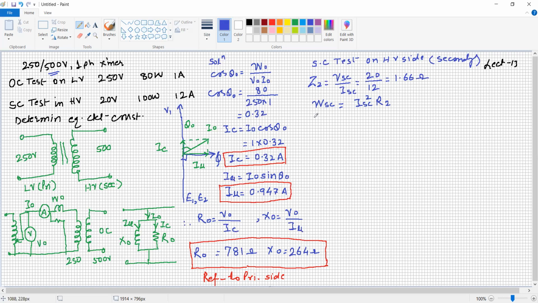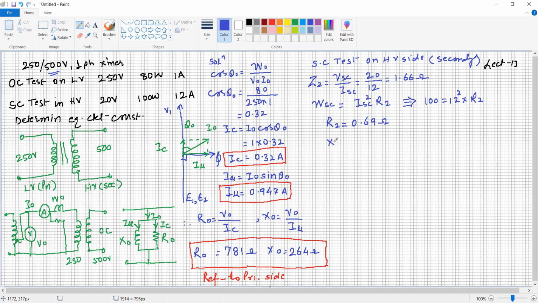So whatever power is consumed by the circuit is to overcome copper losses in primary and secondary winding. Therefore, WSC is equal to the copper losses, current squared multiplied by the resistance. And here the resistance R2 is equal to 0.69 ohm. What is that? Power is 100, current is 12 squared multiplied by R2, so R2 is equal to this.